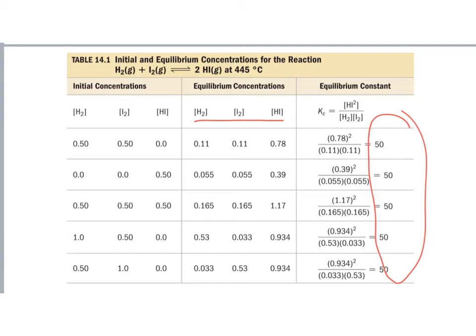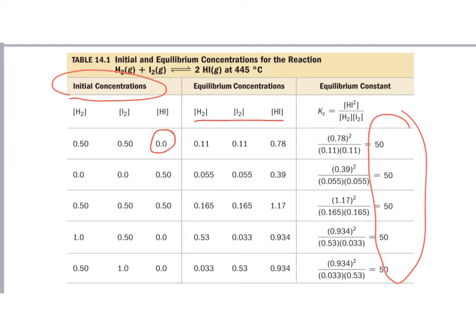So when we look at these initial concentrations, we can ask which direction the reaction has to move. If I see that there's 0 HI, I know immediately it has to move to create some HI. Exactly how much, we'll talk about in a second.